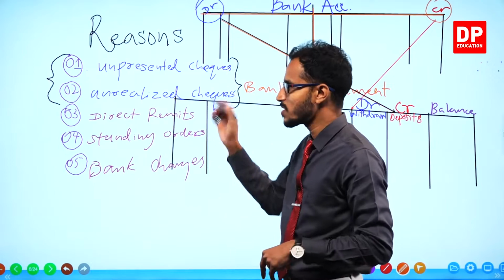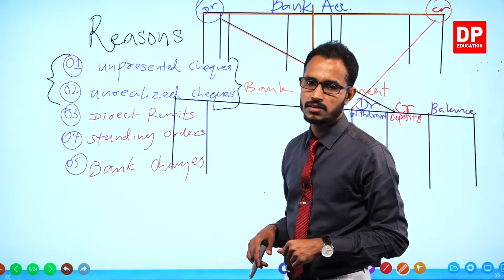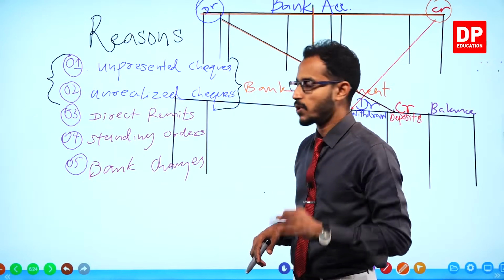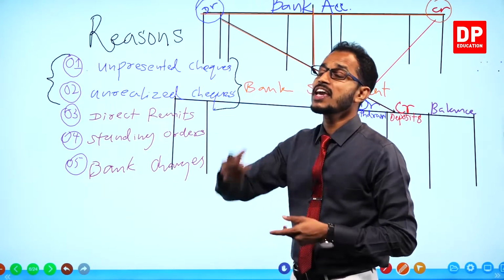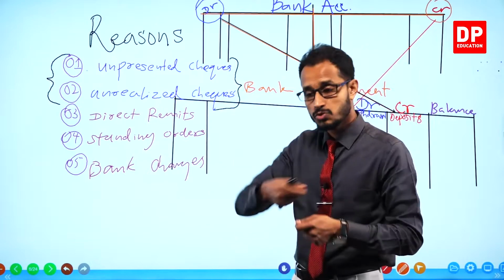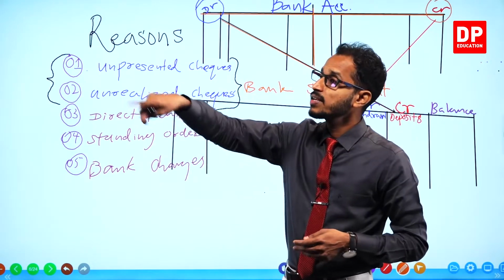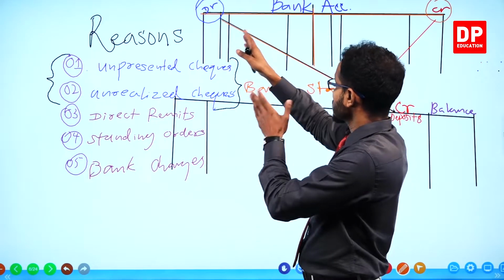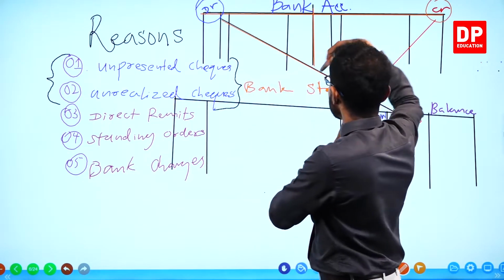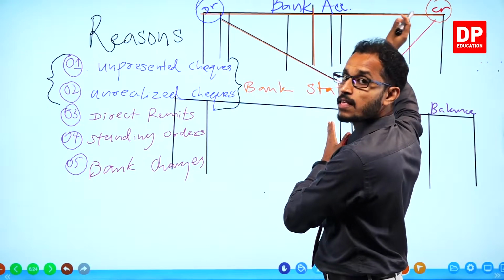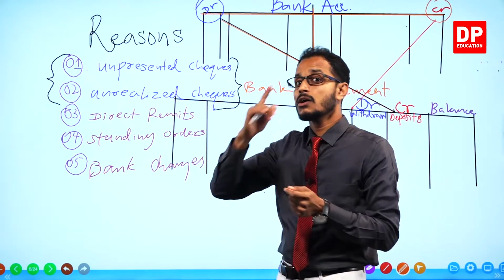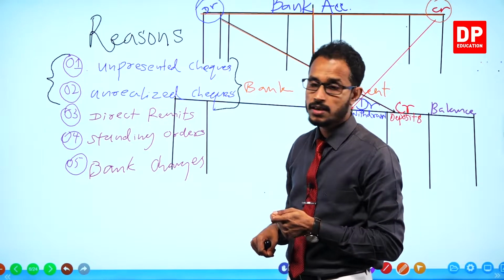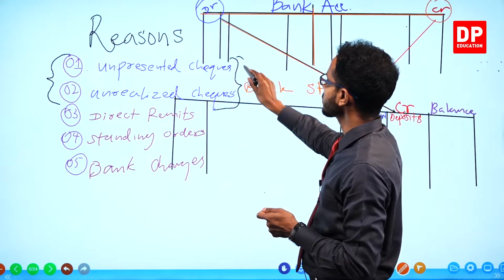Okay, I'll just do a very quick one, not in detail. Unpresented checks are the checks that we have issued to our creditors and all, and they have not taken the checks to the bank to encash. So those checks that we issued are in the credit side of the bank account, but since the checks are not yet presented to the bank, in the bank statement they are missing.